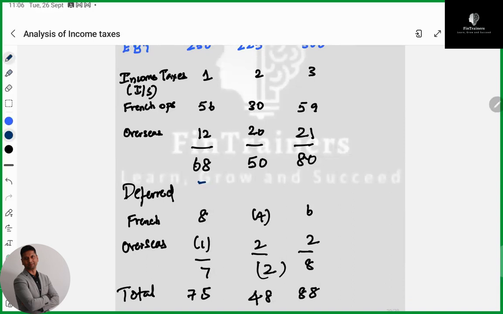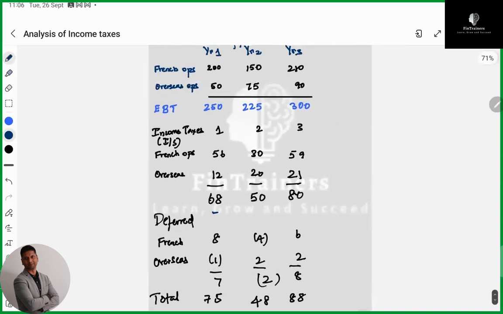So 75 by 250, right? Here I did the total, but in the exam, they will not give all of that. They're just going to say what is the DTA, DTL, and you have to compute this. But the concept is to include the deferred items to calculate the effective tax rate. So year 1 has the highest one, right?